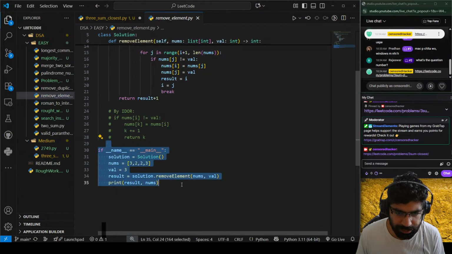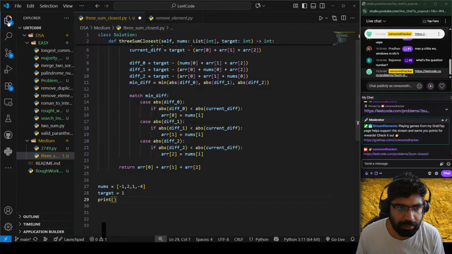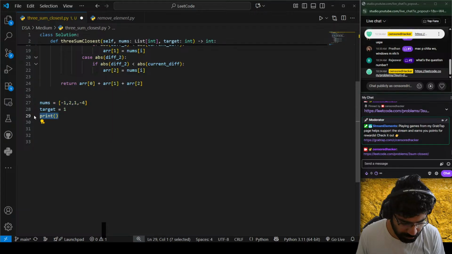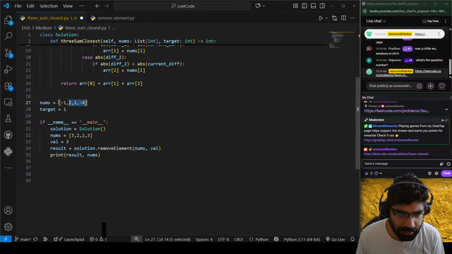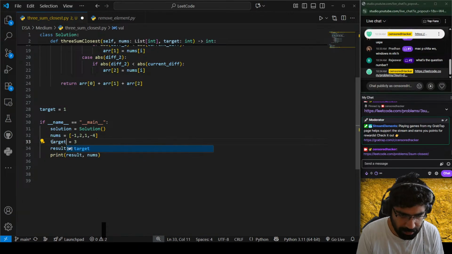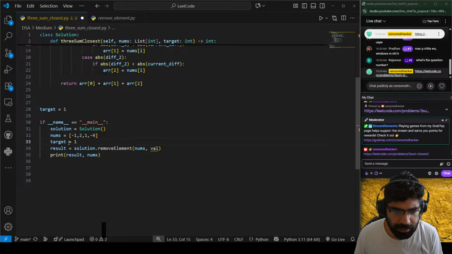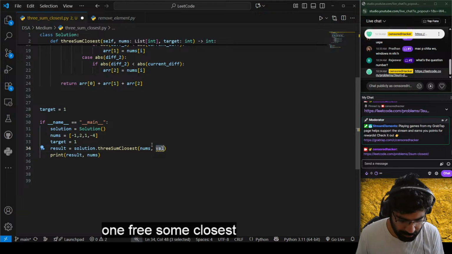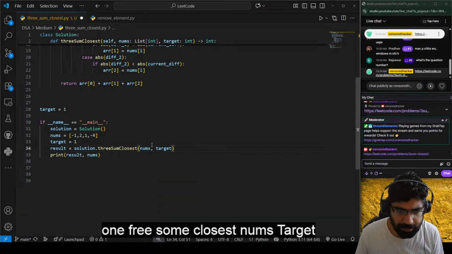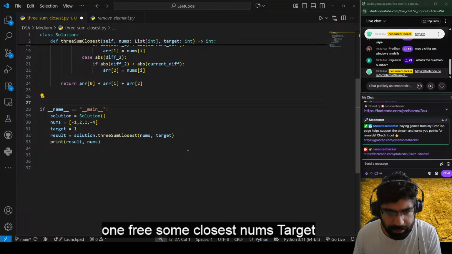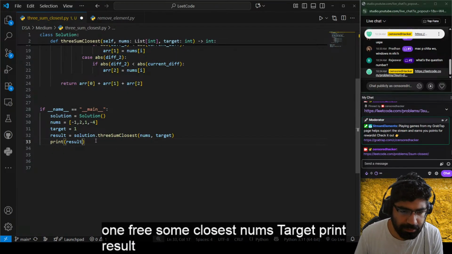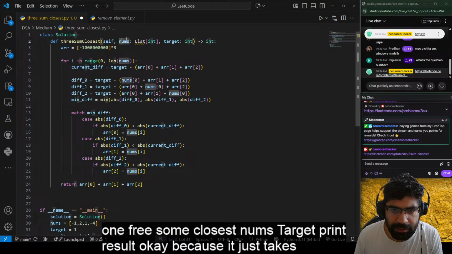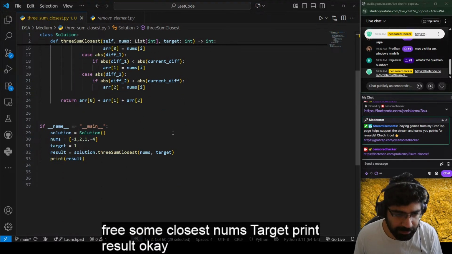If main solution. Do you guys think this will work? Target 1, threesome closest, nums, target, print result. Okay, because it just takes a list and target. Okay, let's see if this works.